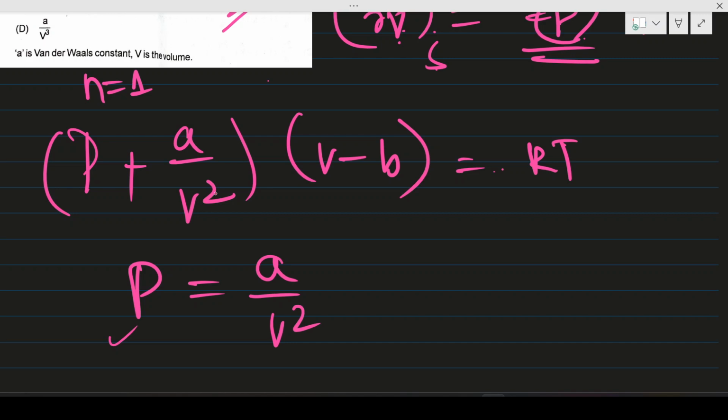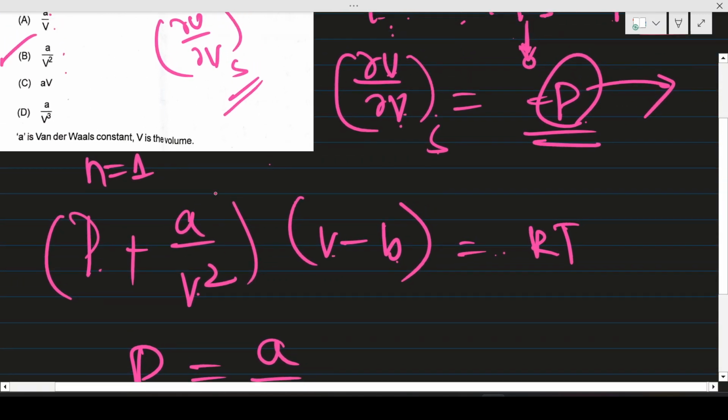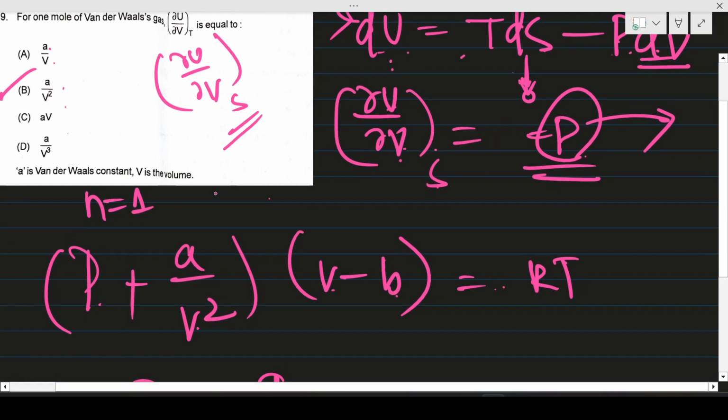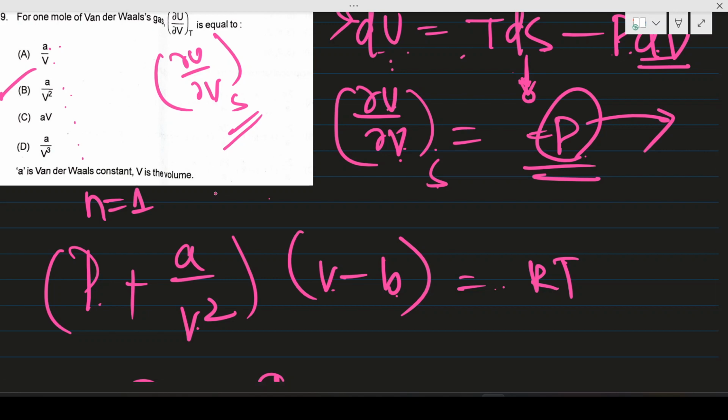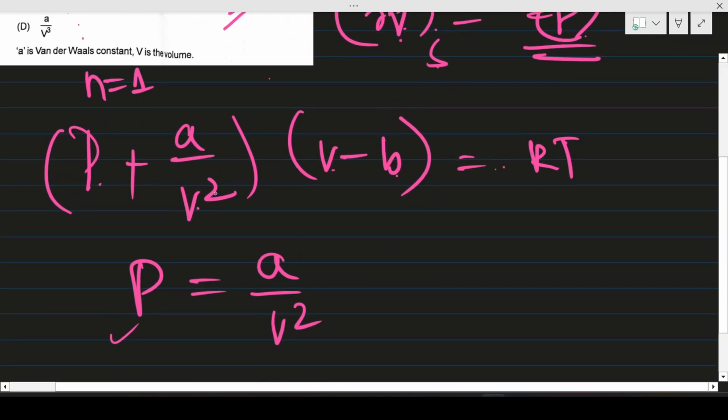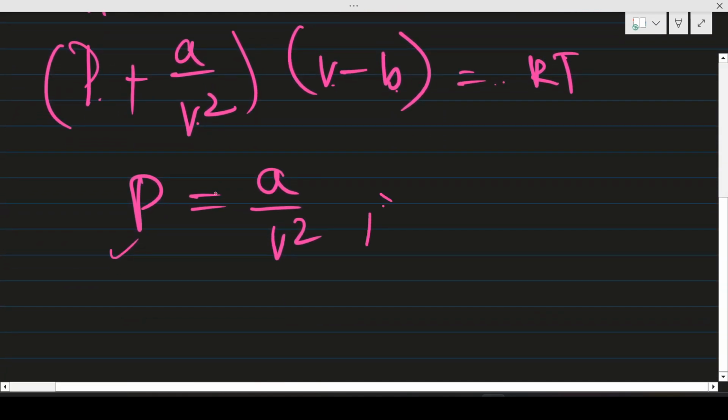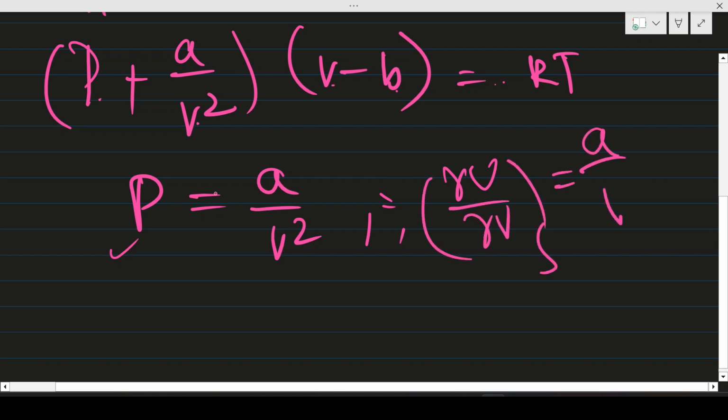So here the dimension of a/V² is the same as pressure, and the dimension of b is the same as volume. Let's match the dimensions. Among the options a/V², ab, a/V³, the pressure matches with option B. So the answer is a/V² for pressure. Since pressure equals a/V², del U by del V at constant S will be a/V².